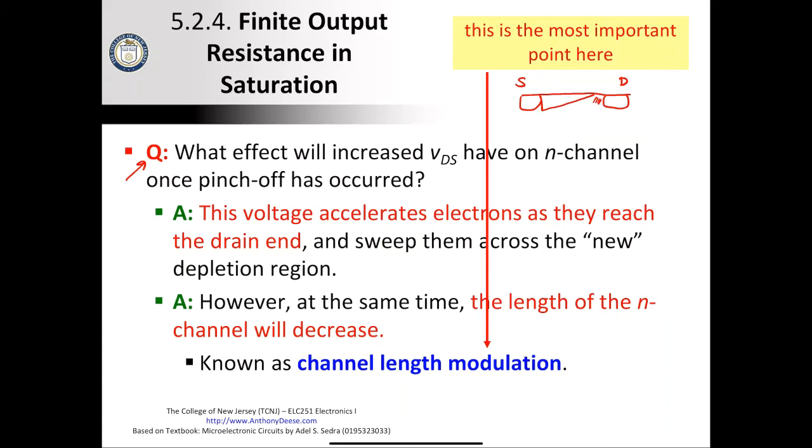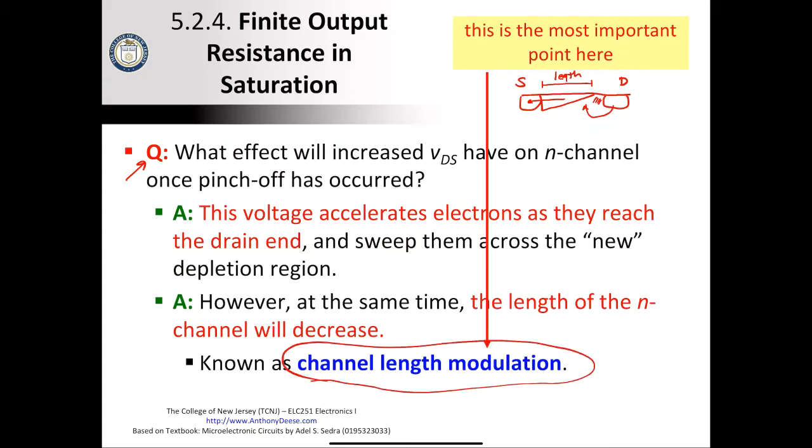So the voltage accelerates electrons as they reach the drain end, sweeps them across, they reach the channel, and they keep moving. So the electrons are still able to move between the drain and the source, but the length of the N channel will decrease, and the decrease of this length right here, can't spell length, is known as channel length modulation.